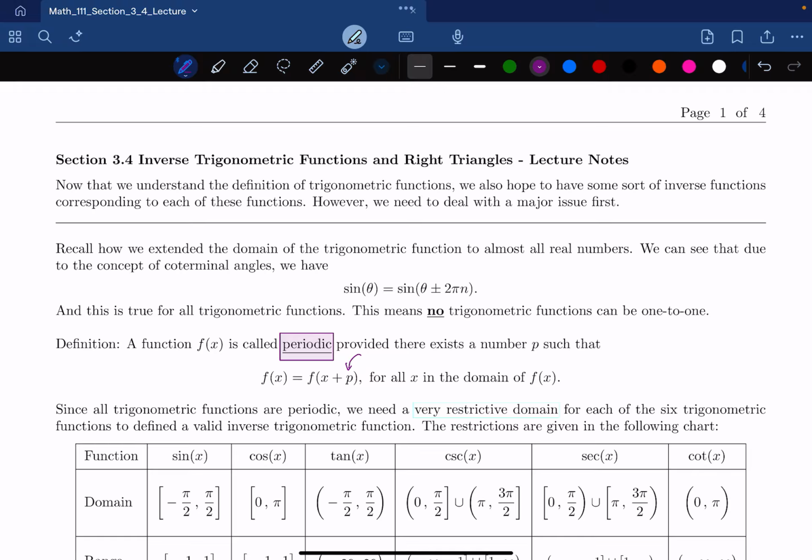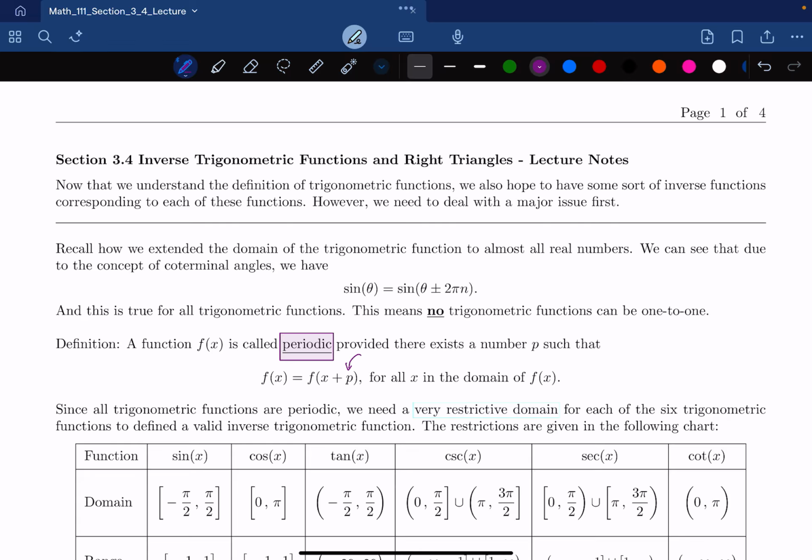It says plus p in this case, which means a horizontal shift to the left, but this p value doesn't have to be positive, so it doesn't matter whether it's shifting left or right, this just indicates a shift. What this means is that if you pick up the function and move it over a certain number, the function looks exactly the same. That's just another way of saying the function repeats itself after a certain period.